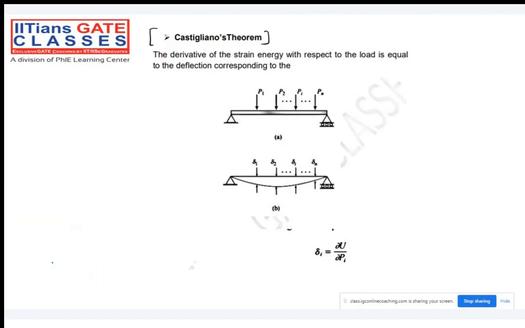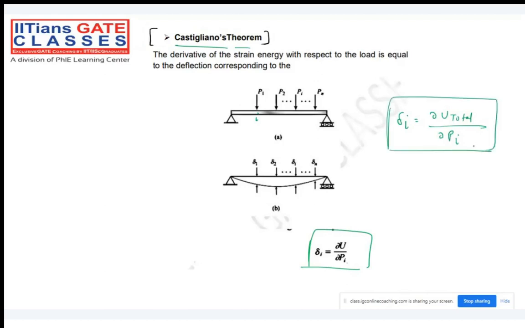In Castiglione's theorem, we differentiate the strain energy with respect to the load, right? We have already seen this theorem. Whenever the load is there, you differentiate, and you will get the deflection at that particular load. If I want to find the deflection at the ith location, I need to differentiate the total strain energy with respect to the load at that ith location only.